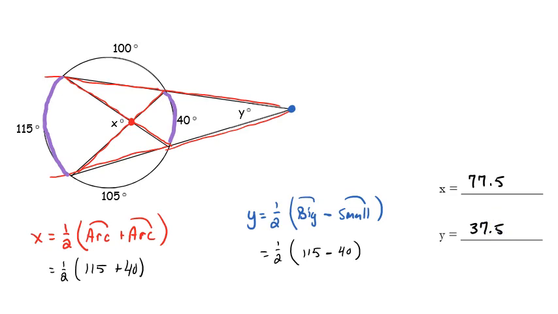Just to add on to this, if I did ask you to find the measure of this angle down here, and I called that angle z, its location is on the circle. So the measure of this green angle, angle z, is going to be equal to exactly half of just the intercepted arc.